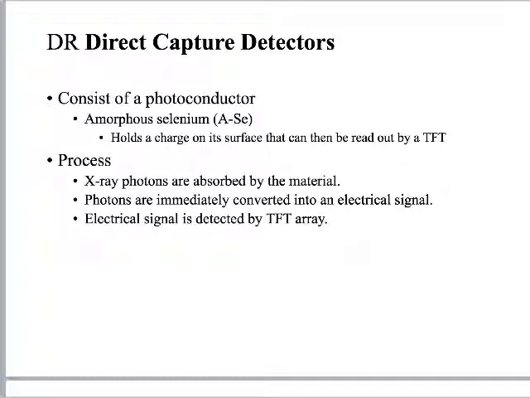And we'll break this apart in a moment. But just know you've got this amorphous selenium. It's sitting there kind of like the photostimulable phosphor layer. If the X-rays hit it, that hit is registered by an array of electronics underneath it. So where the CR cassette had this backing structure underneath it, the DR systems have transistors, very small transistors.